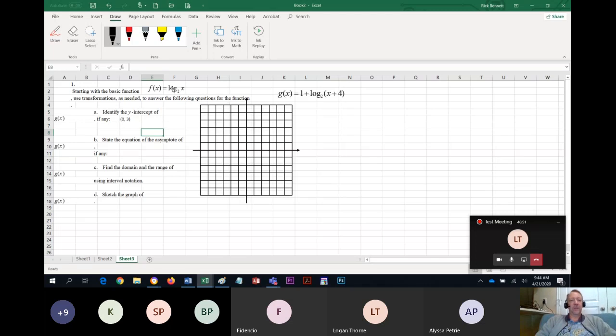So as a review, the basic log function, there's two things that you should know. The important point, and you need to know the asymptote. So what's the important point for the log function? Zero, 1.